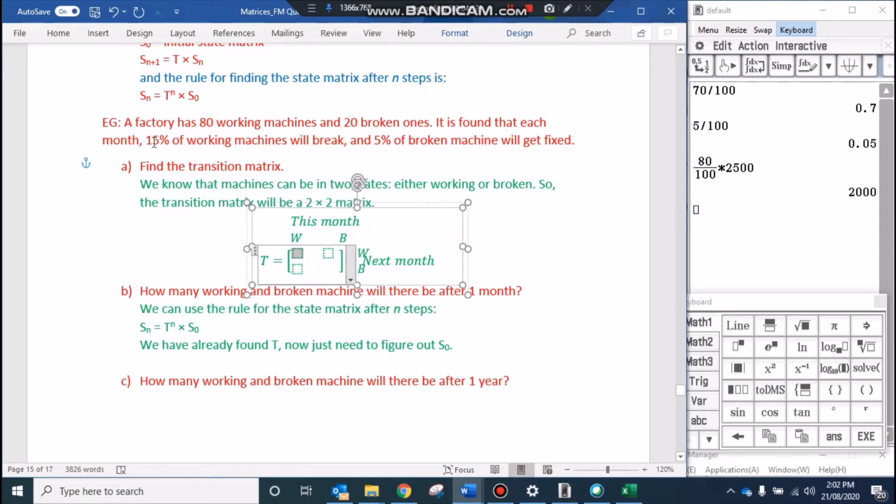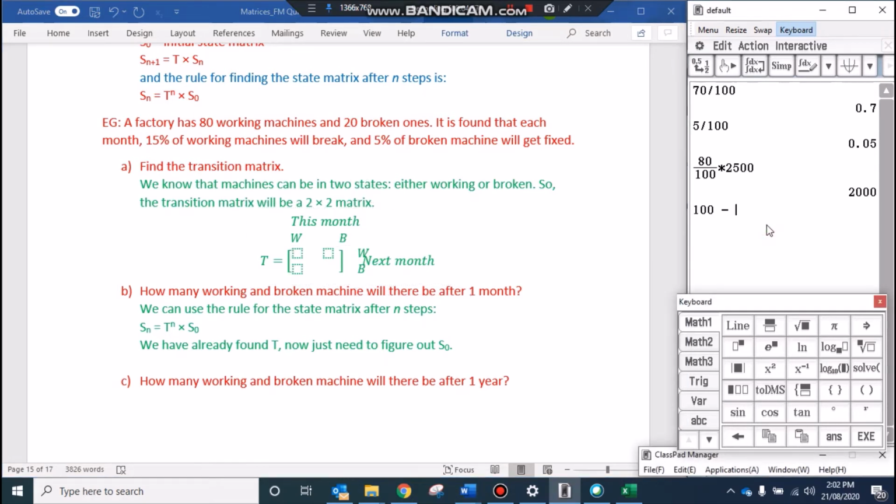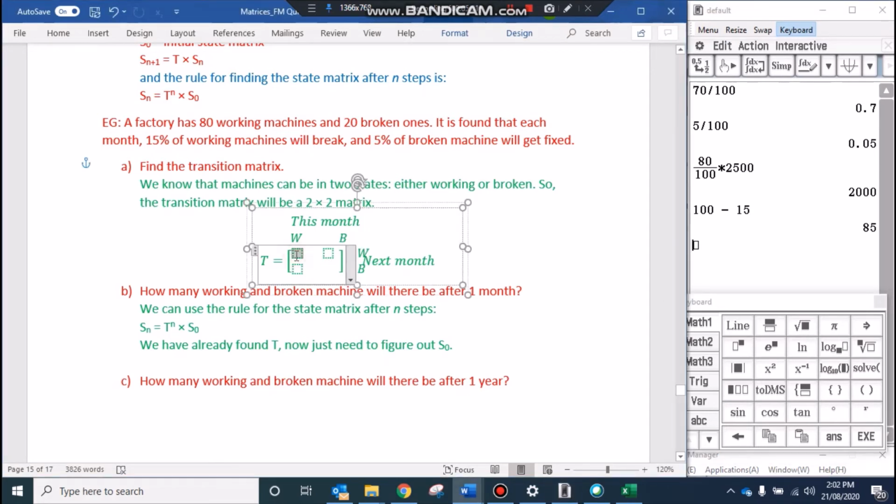Well, if 15% of the working machines break, what we have left over is 85%, which is 0.85. 85% of working machines this month will continue working. And we know that this one will be 0.15, because 15% of working machines this month will then be broken next month.